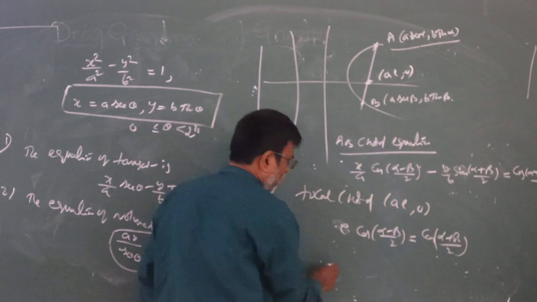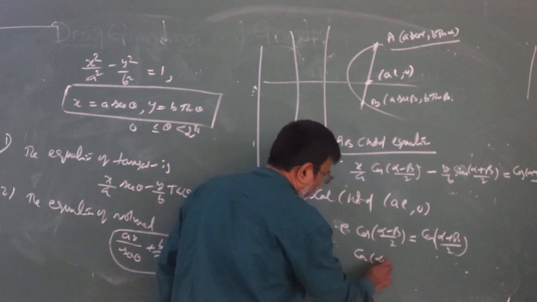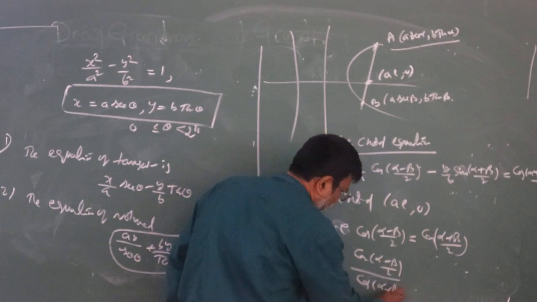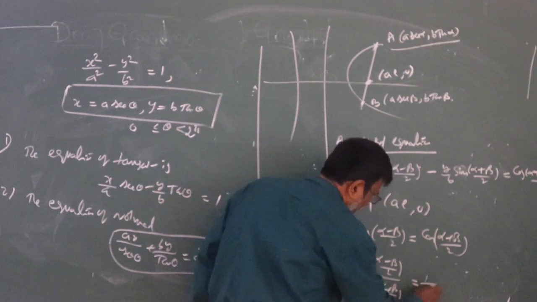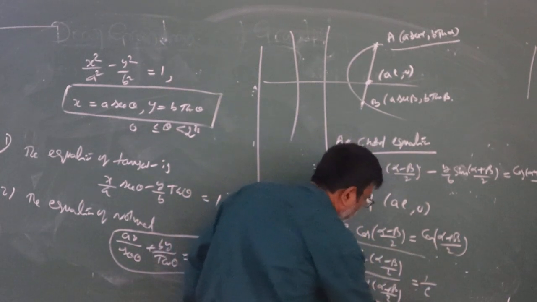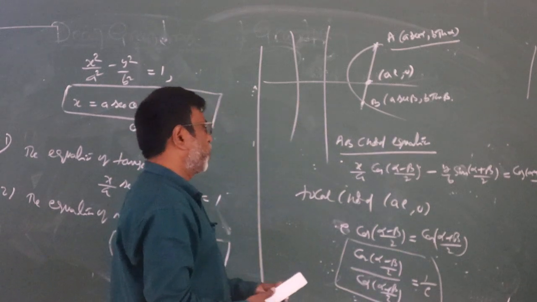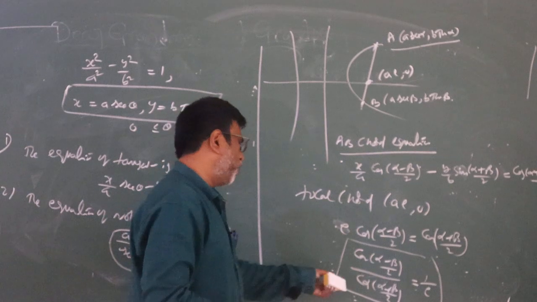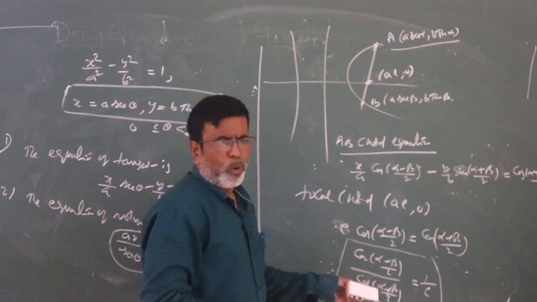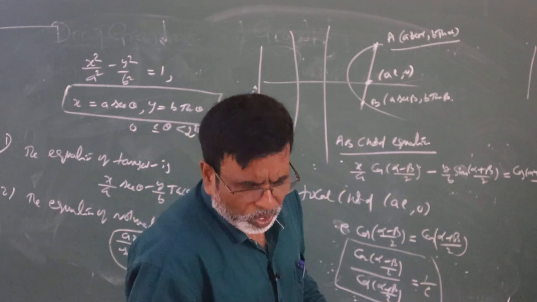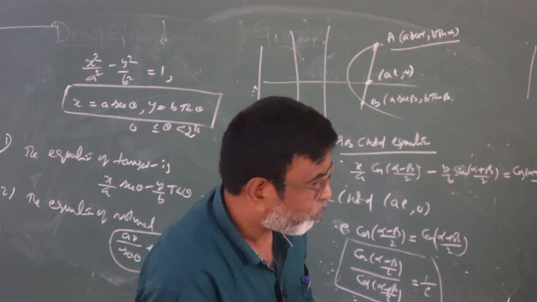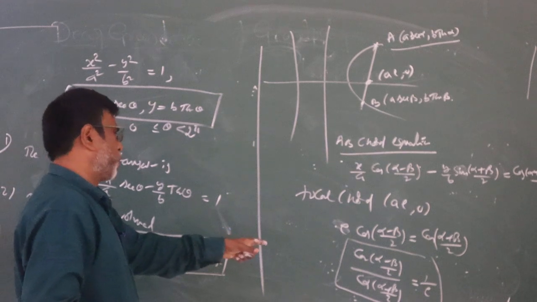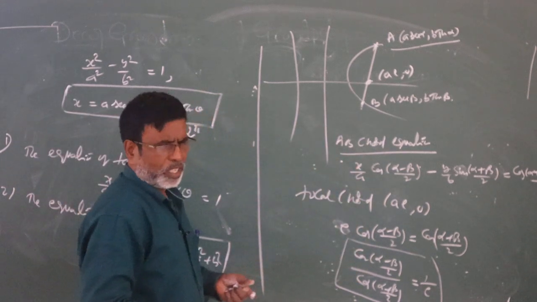So remember that: cos((alpha minus beta) by 2) by cos((alpha plus beta) by 2) equal to 1 by e. This is also one of the most important formulas. So if it is the focal chord, cos((alpha minus beta) by 2) by cos((alpha plus beta) by 2) equals 1 by e. This is the condition for a focal chord.